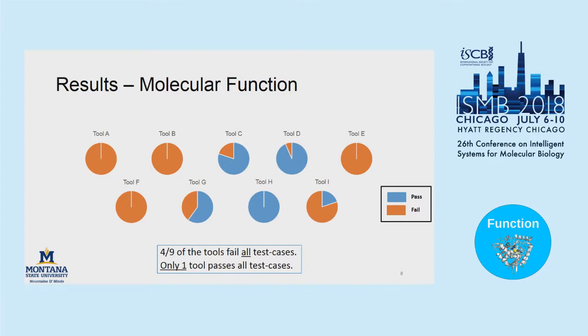Blue shows passes and orange shows fails. And only 1 tool passes all test cases. For the biological process ontology, the same 4 tools fail all test cases again, and only 2 tools pass all test cases.